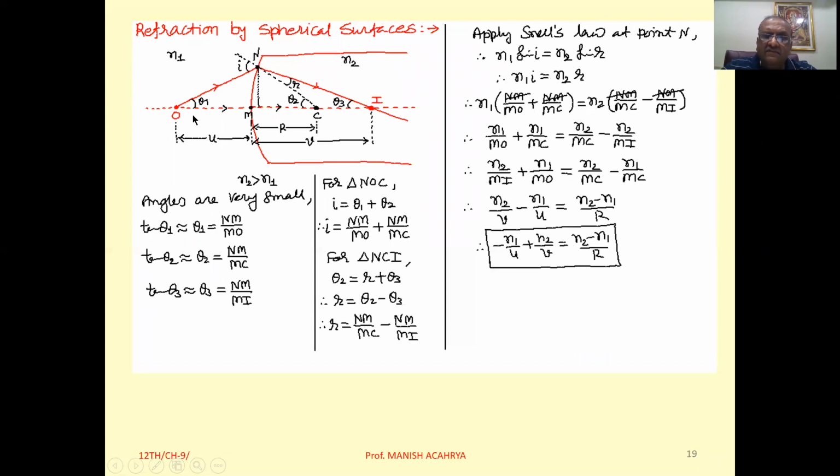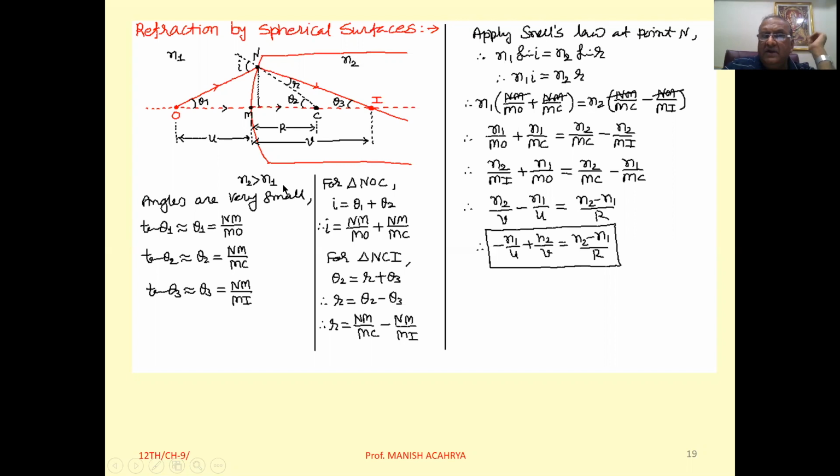Now consider arbitrarily the angle between the incident ray and the principal axis as θ1, the angle between the normal at the point of incidence and the principal axis as θ2, and the angle between the refracted ray and the principal axis as θ3, as shown in the figure. Clear to all of you?